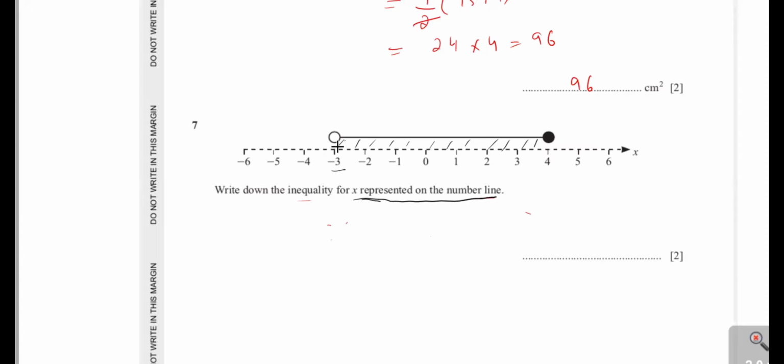Therefore, we write x is greater than -3, and for the values from -3 to 4 we write x is less than 4, but the 4 is included in this region, therefore we write x is less than or equal to 4. And this is the solution of question number 7.